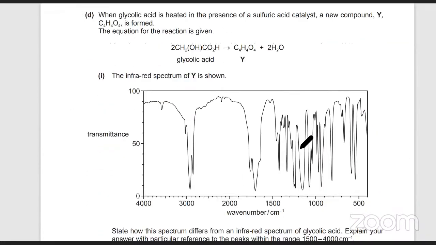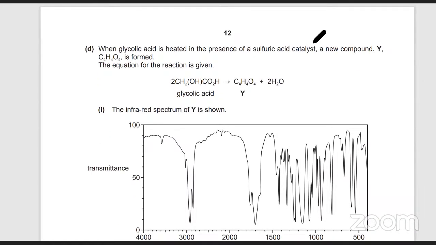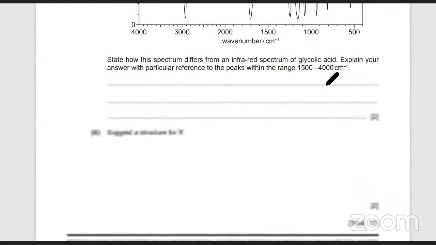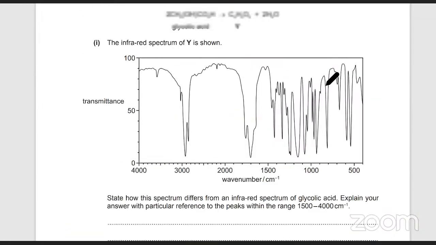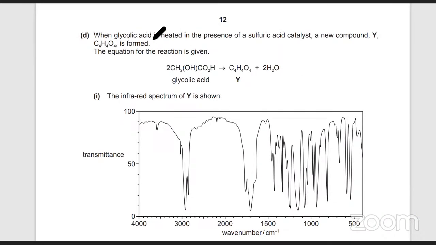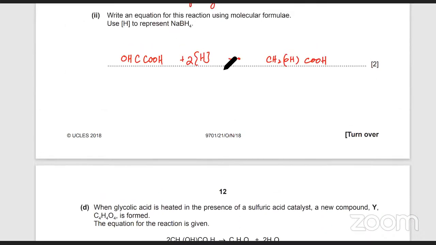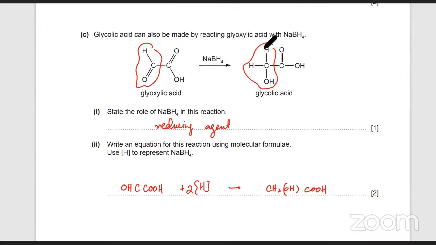As the next part, when glycolic acid is heated in the presence of... how many marks? That's 4 marks. So the question is when glycolic acid, where's the glycolic acid? It's this one. It's a carboxylic acid as well as an alcohol.